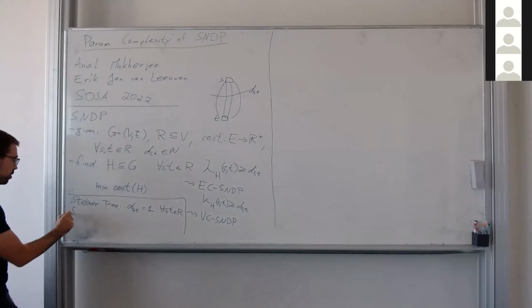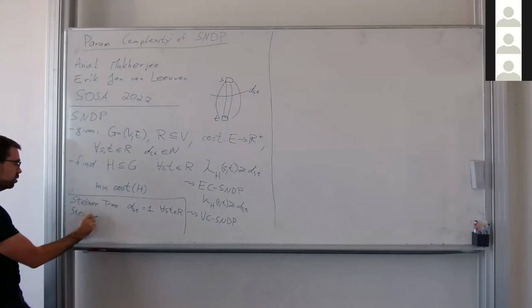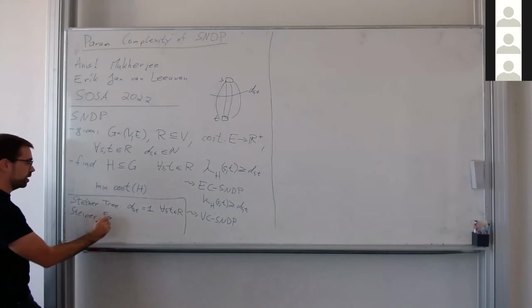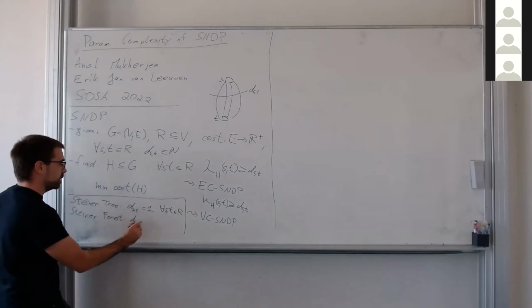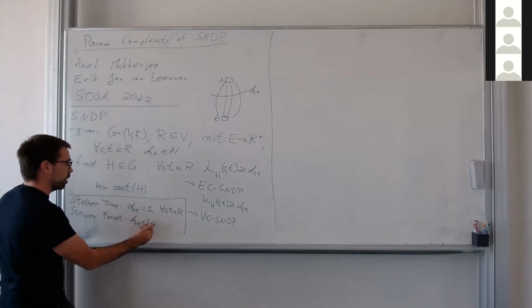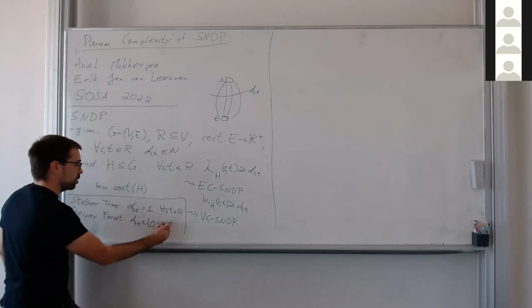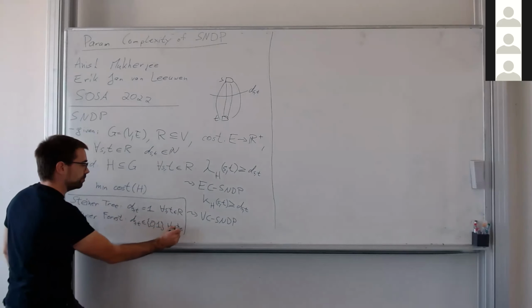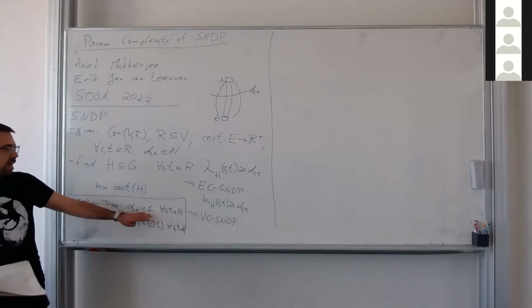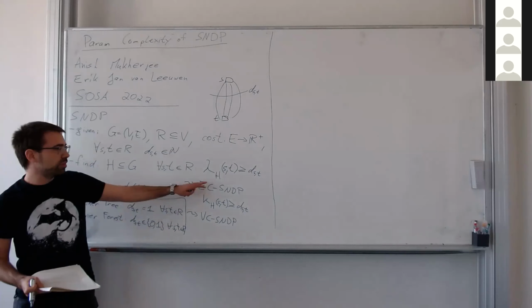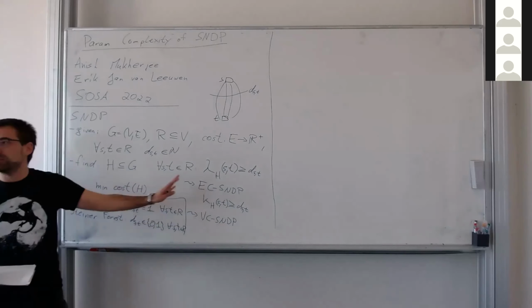And Steiner forest is also a well-studied special case, and here the demands are simply 0 or 1 for all st. And if the demands are at most 1, it doesn't matter whether it's edge or vertex connectivity. It's the same.